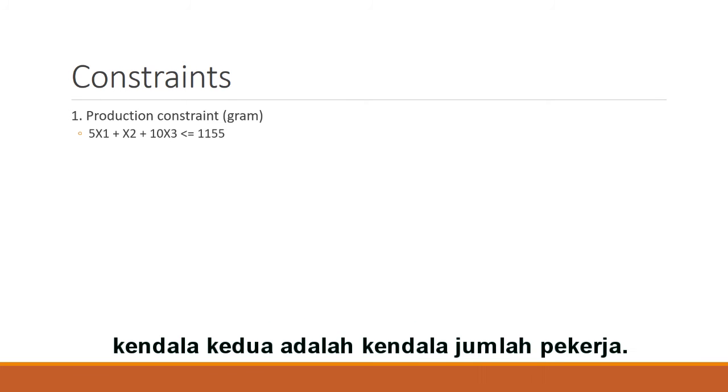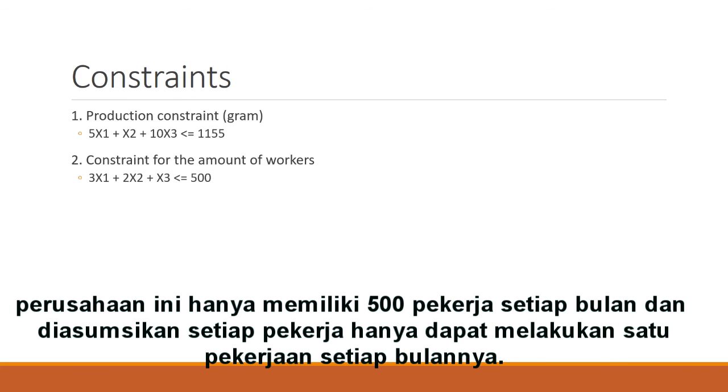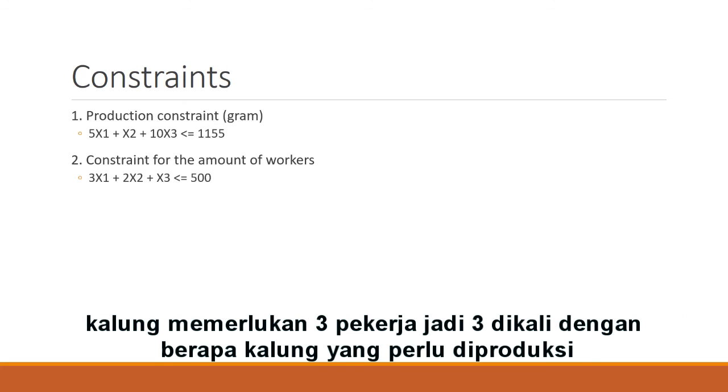The second constraint is the amount of workers. The company has only 500 workers each month. Let's assume these workers can only work on one item at a time. The necklaces need 3 workers.